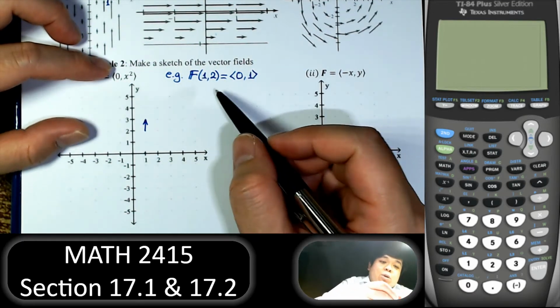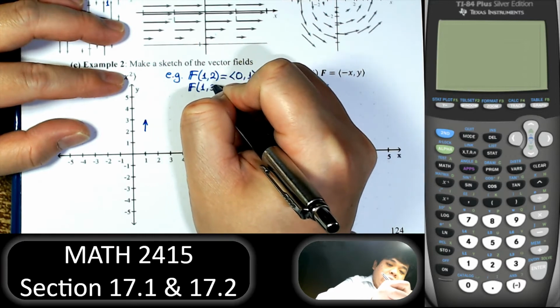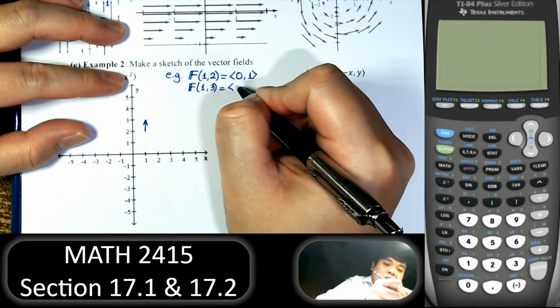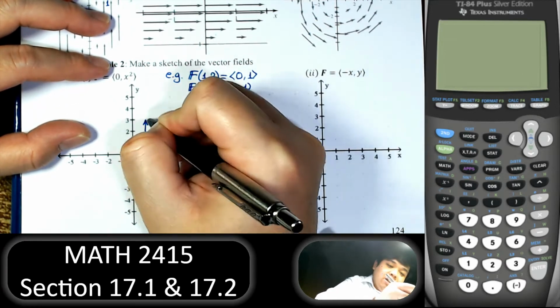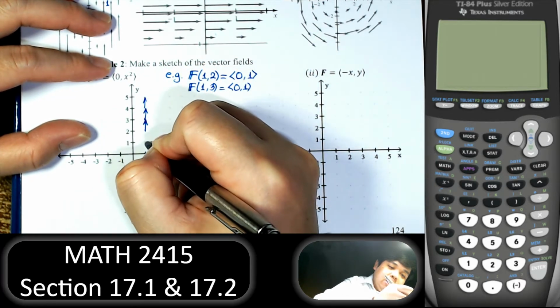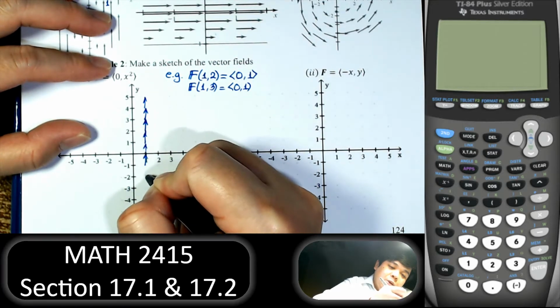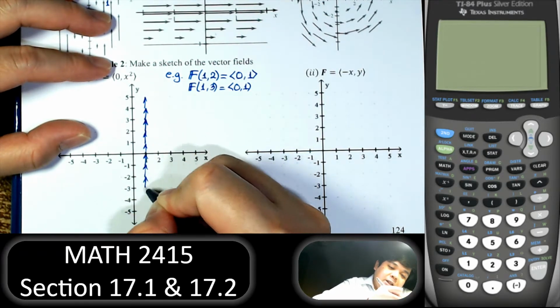Now you could see that at (1, 3), we still have the same vector. So whenever x equal to 1, we have the vector pointing up like that.